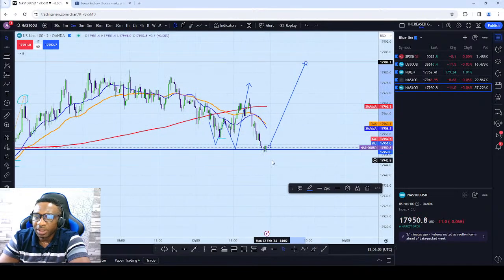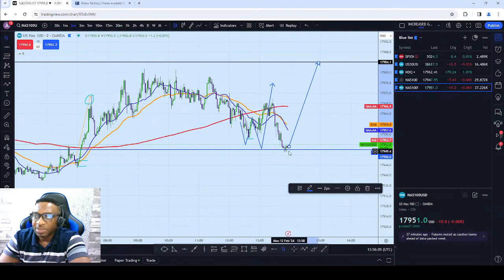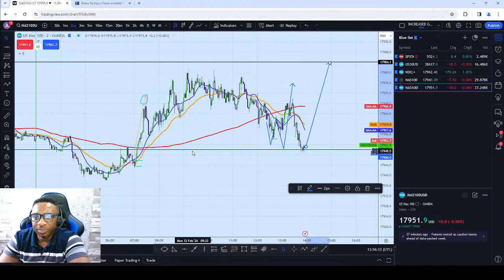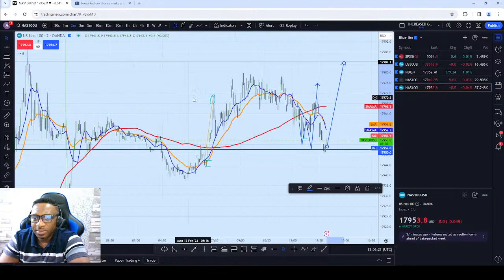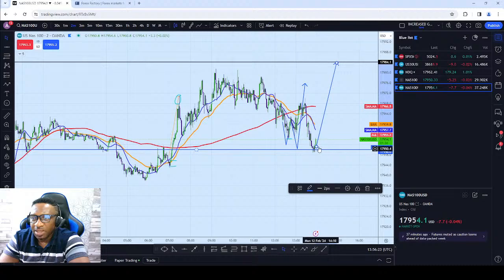So if it doesn't break from here, that means we are heading back to the next high that we could have. This is the previous high that it got to. So if it doesn't break from here, we could be aiming for the next one.